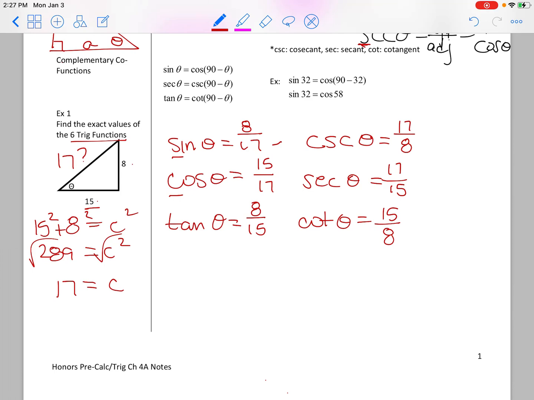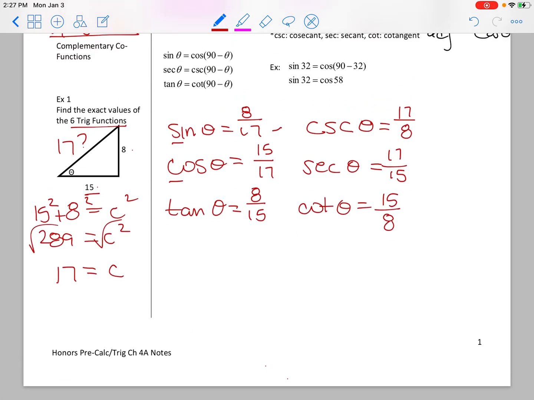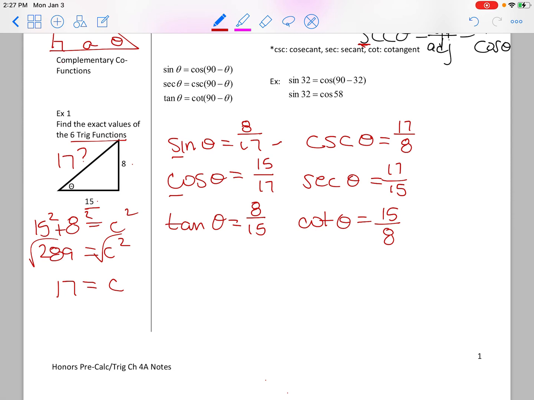Now, what happens if I give you something that's not a perfect square, or a Pythagorean triple, as this is called?